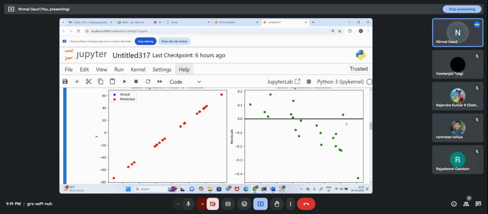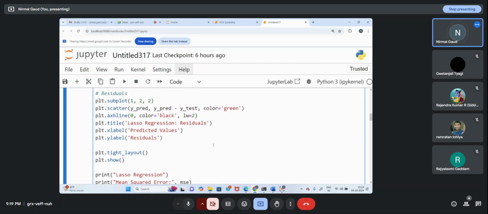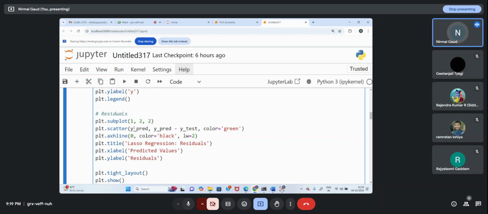And this is the residual plot. Residual means predicted minus actual. That's what the residual is. So this is a residual plot. You can see the residual, y predicted and y predicted minus y test.